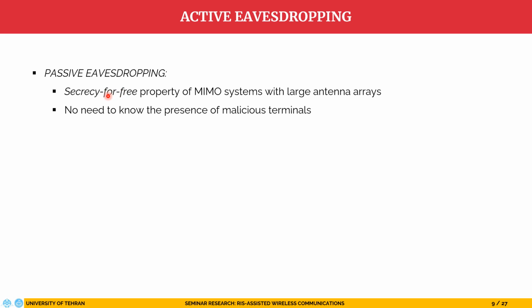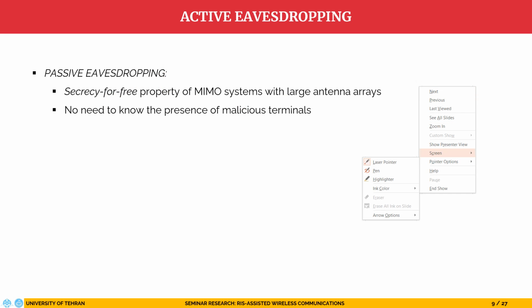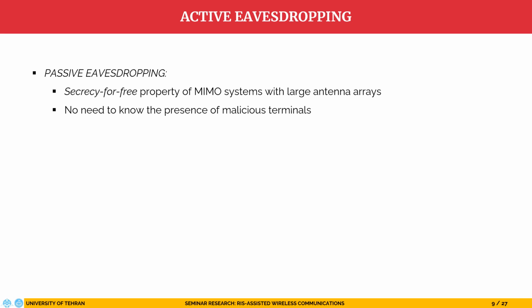In 5G systems, which use MIMO technology, let me explain: if this is the base station with some antennas, and this is user 1 and this is user 2.